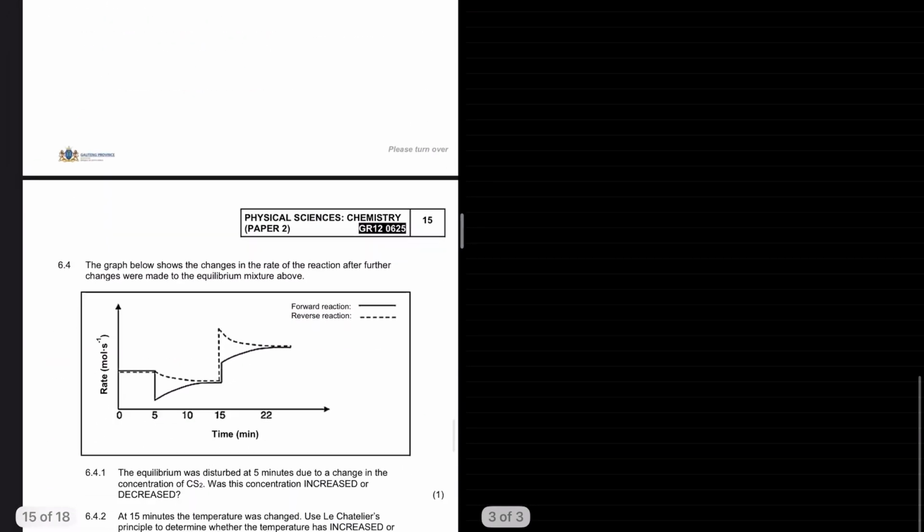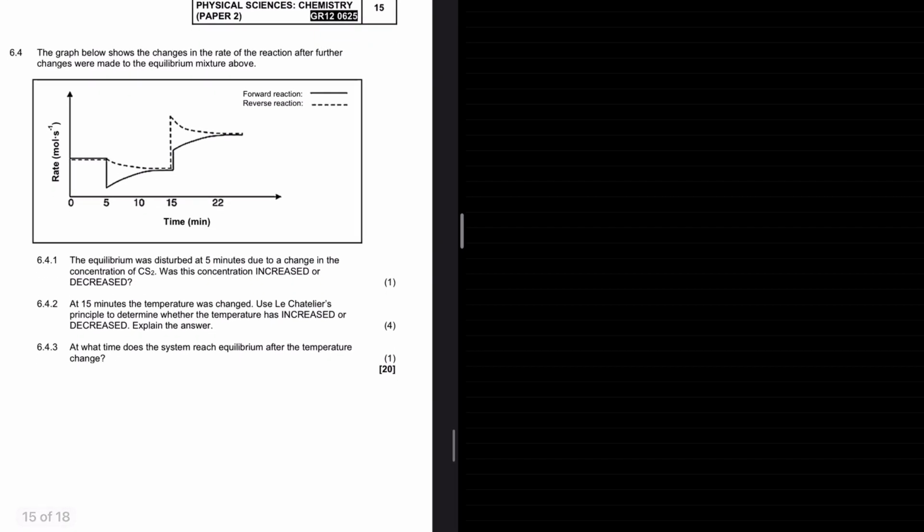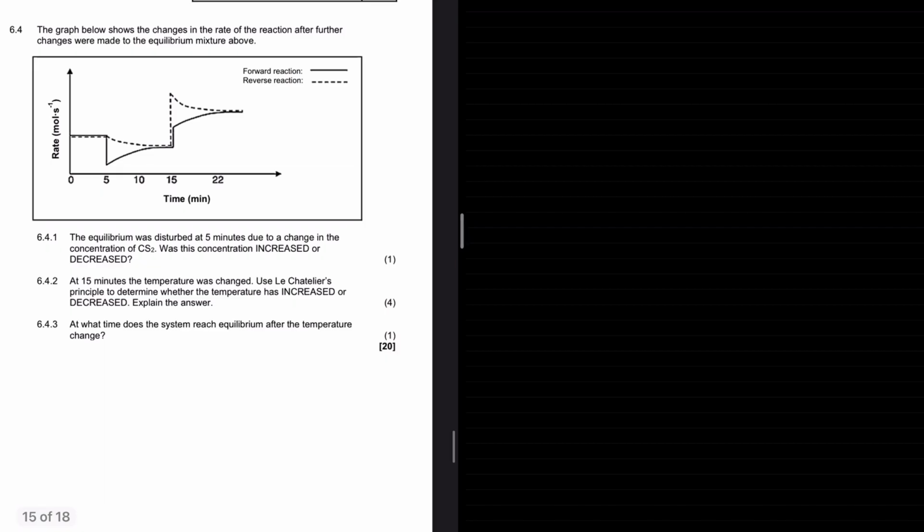Let's move on. Question 6.4. The graph below shows the changes in the rate of the reaction after further changes were made to the equilibrium mixture above. 6.4.1. The equilibrium was disturbed at 5 minutes due to a change in the concentration of CS2. Was the concentration increased or decreased?